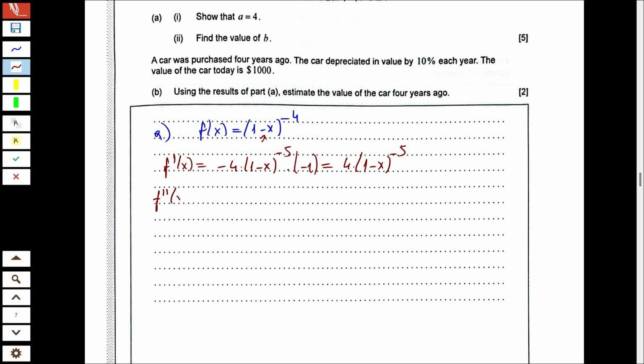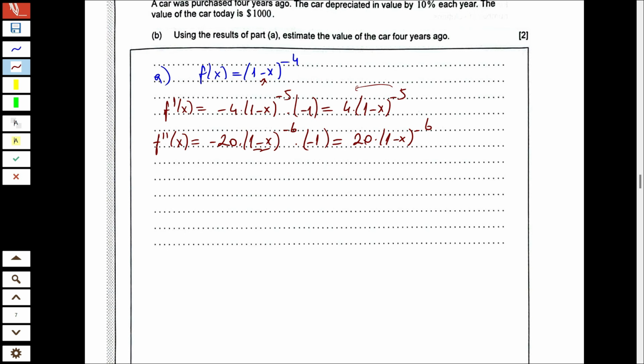What's the second derivative of this function? We again bring the power of this expression down, and it will be minus 20 times 1 minus x to the power of minus 6, but I will multiply it by the derivative of this 1 minus x, which is minus 1. So 20 times 1 minus x to the power of minus 6.